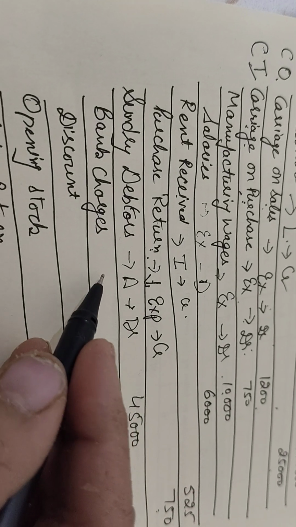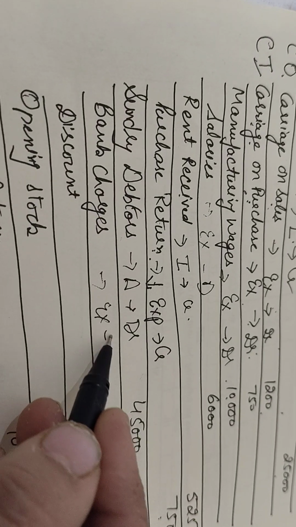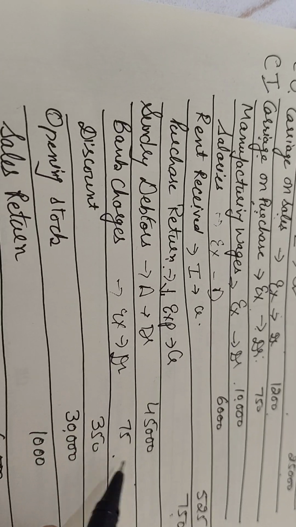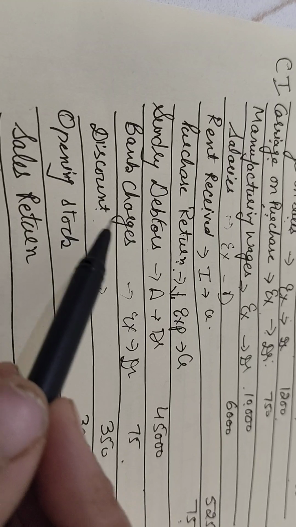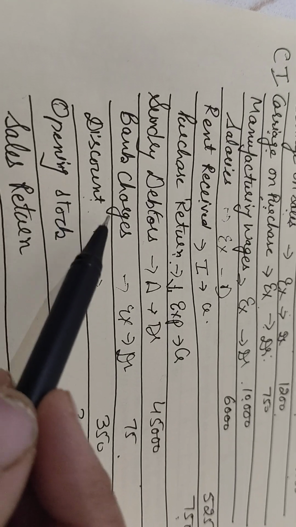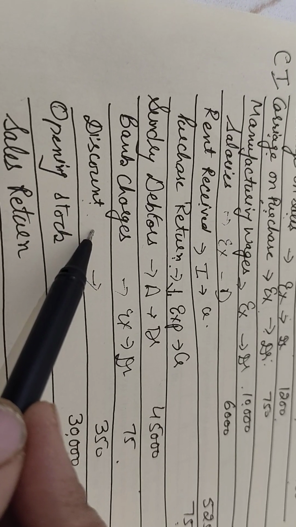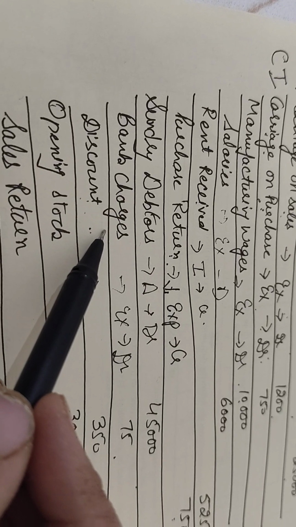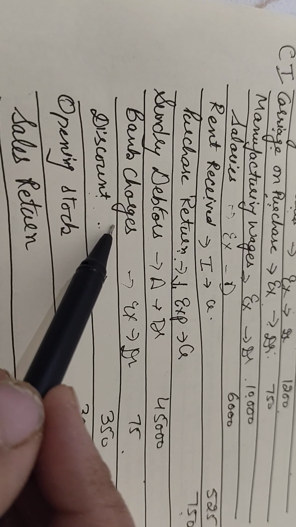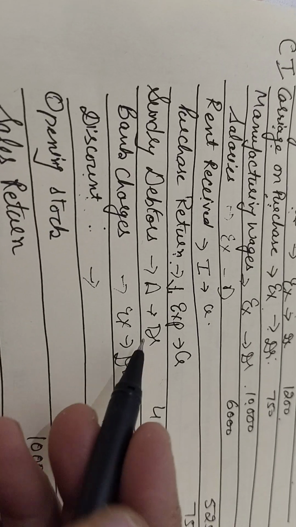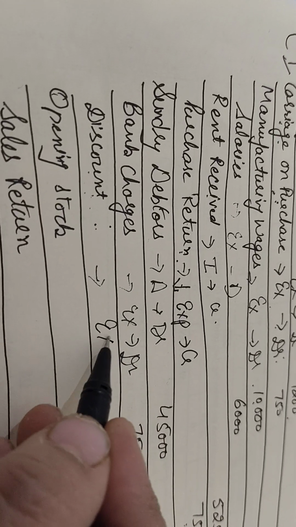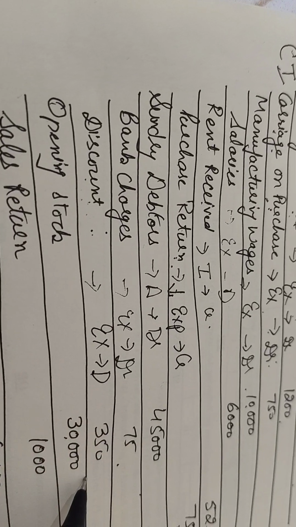And then bank charges, that is your expense, so it should be given a debit balance. Discount, here the question is silent about whether discount is allowed or received. If it is mentioned allowed, then it is an expense and should be debited. If it is mentioned received, then it is income, it should be credited. But when the question is silent, we assume it to be an expense, so it should be debited, right?